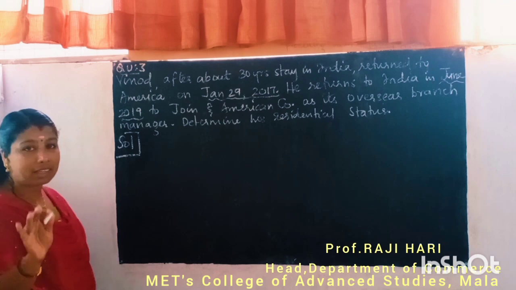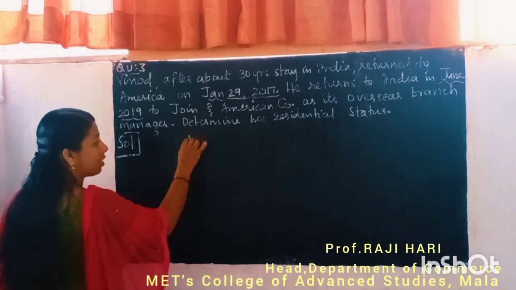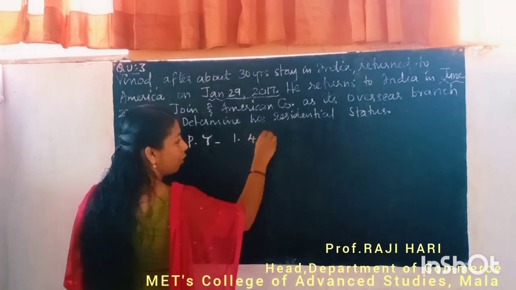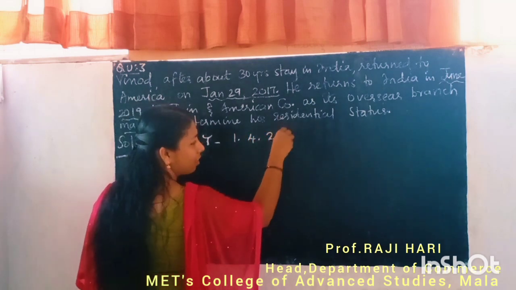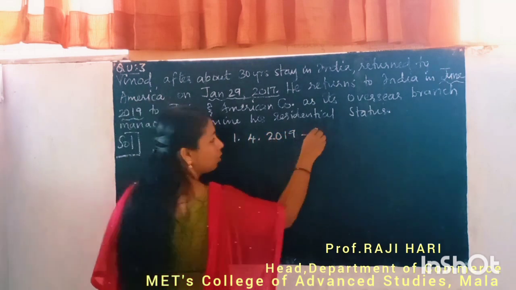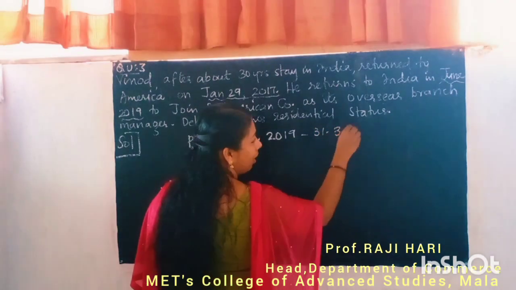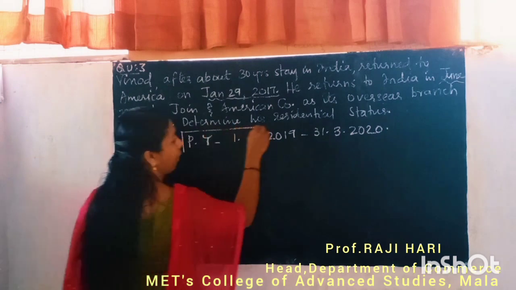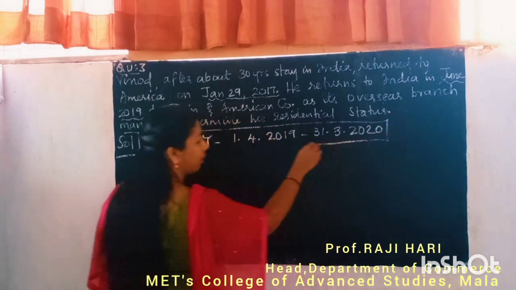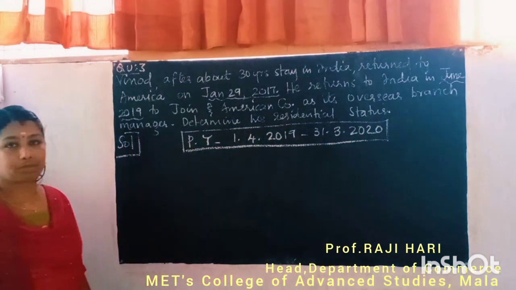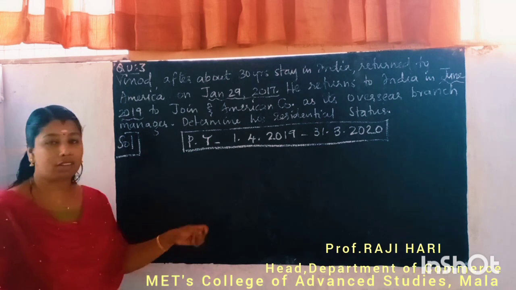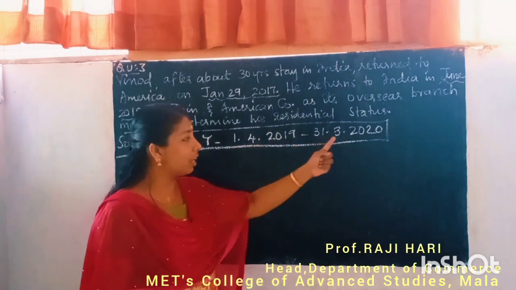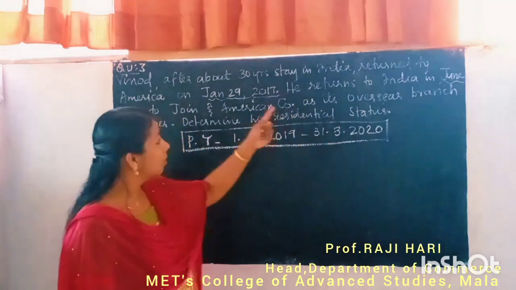So before starting the problem, first we have to mention our previous year. Previous year: 1-4-2019 to 31-3-2020. This is the first basic factor you have to mention before starting the answer. Then count whether he is physically present in India during this previous year.